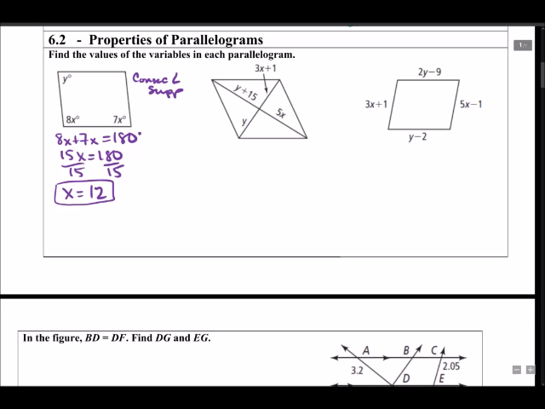Now, what else do I know? Well, I know that opposite angles are congruent. So I can say that 7x equals y, and say that y equals 7x. And 7 times 12 makes this 84 degrees. I can't help myself, makes this 96 degrees as well. So if this is 84 degrees, y equals 7 times 12.